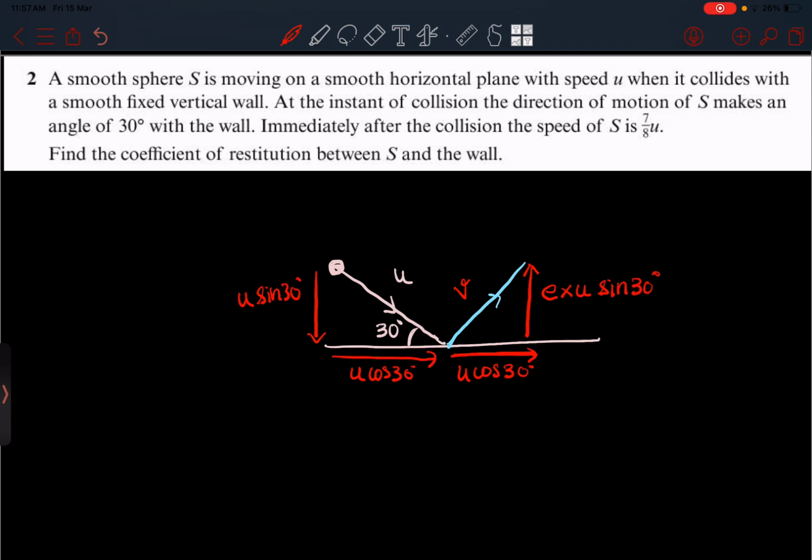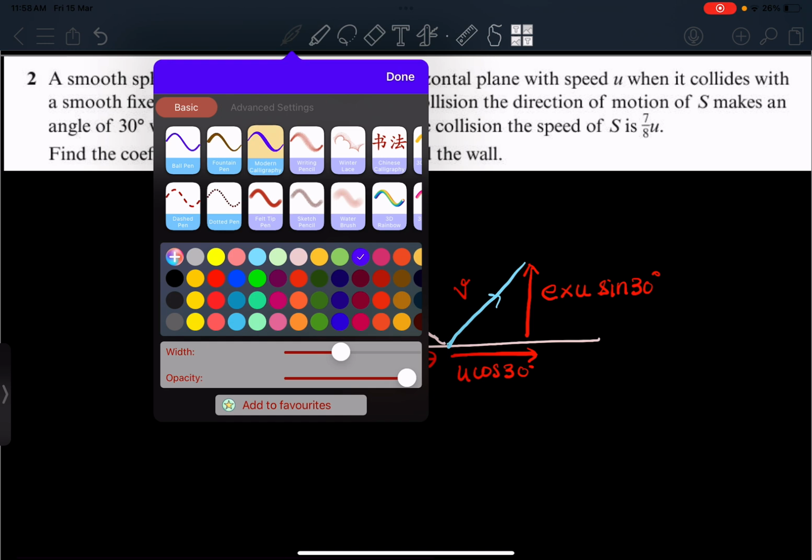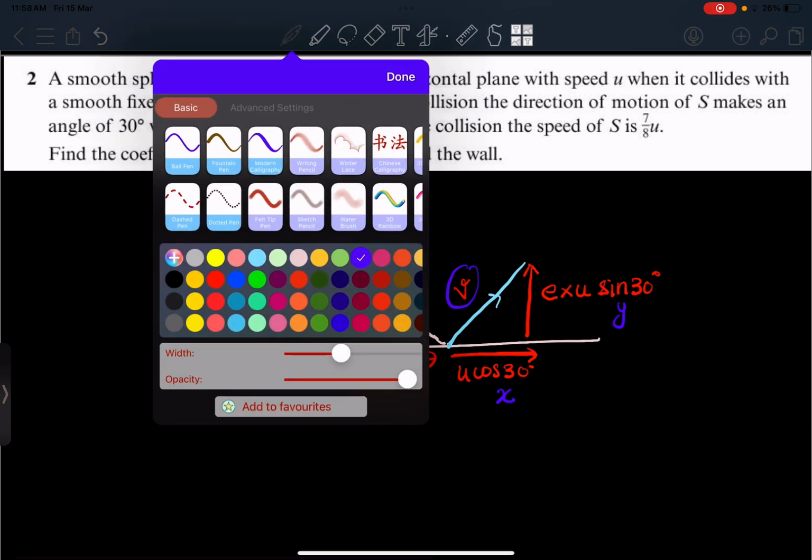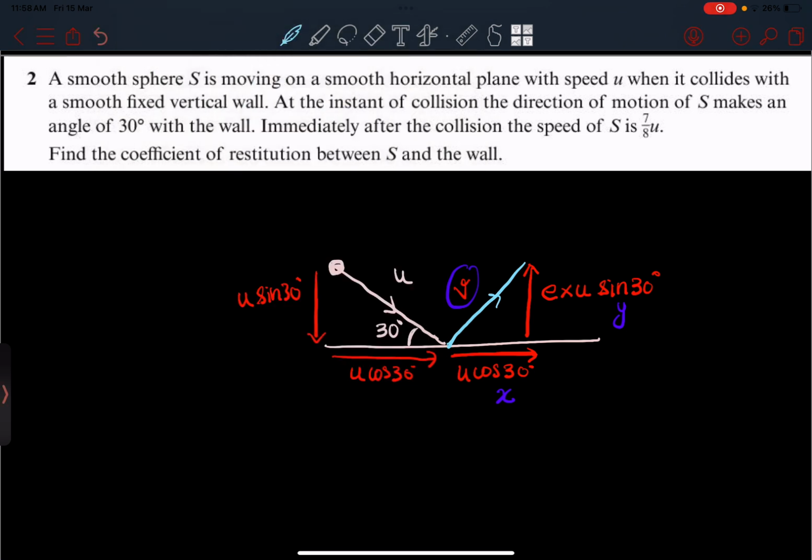So I'm trying to find what is e. What I know is, if I know what is y, I know what is x. If I square them and add them, I should be able to get e based on Pythagoras' technique or the idea of vectors.